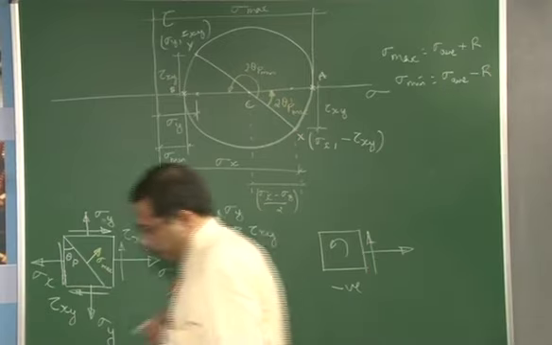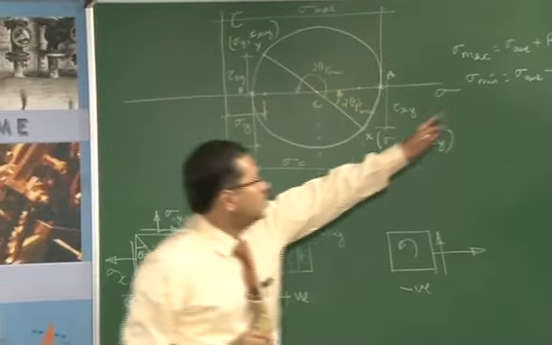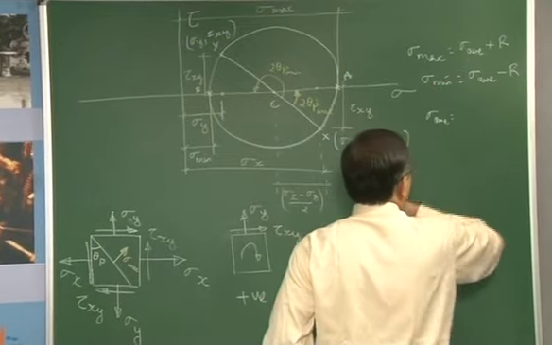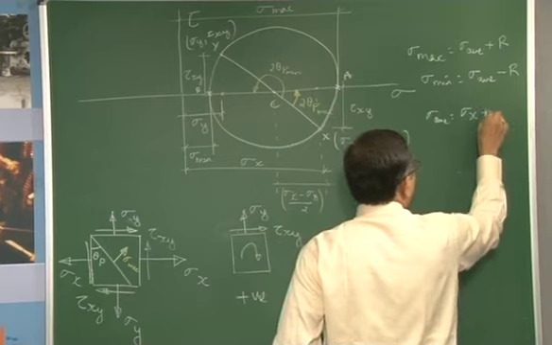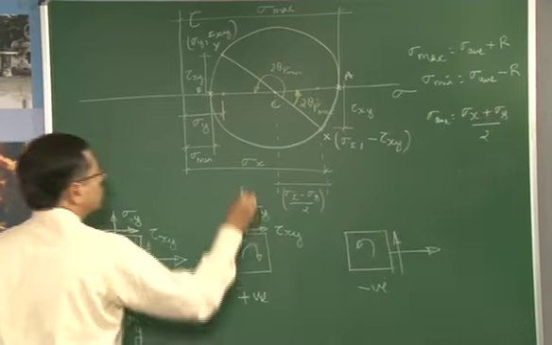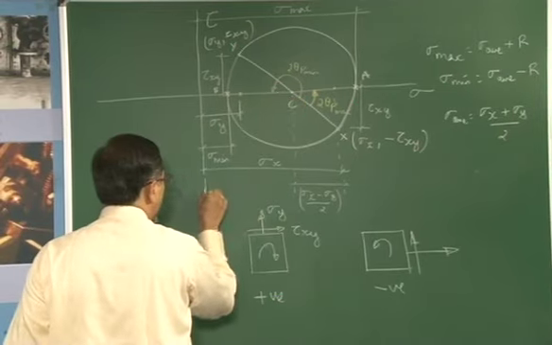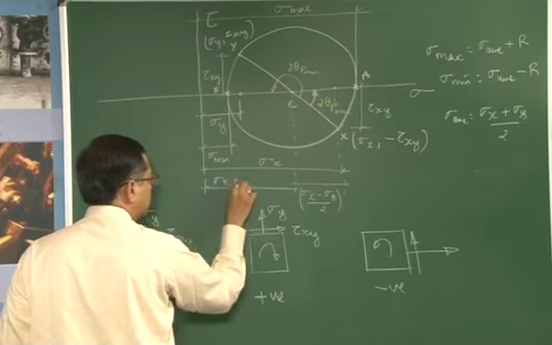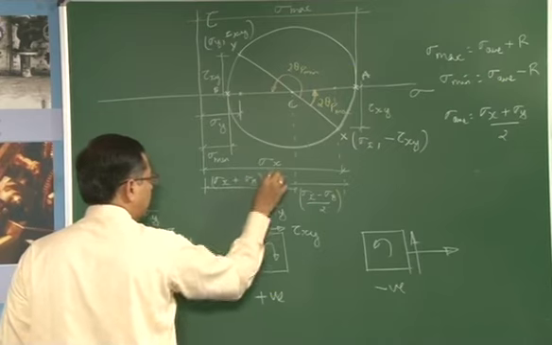Now, what is this? The average value is nothing but sigma average. We have got this as sigma x plus sigma y by 2. This corresponds to the center of the Mohr circle, that is this one. This is nothing but sigma x plus sigma y divided by 2.